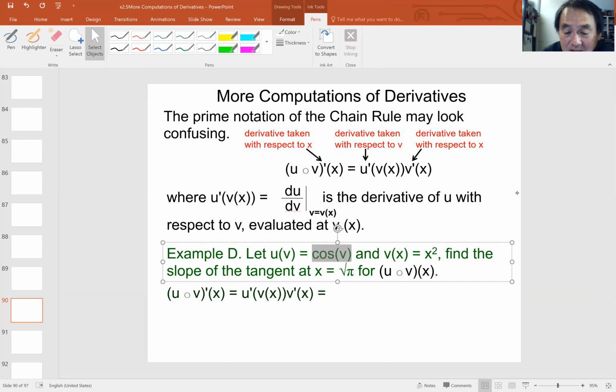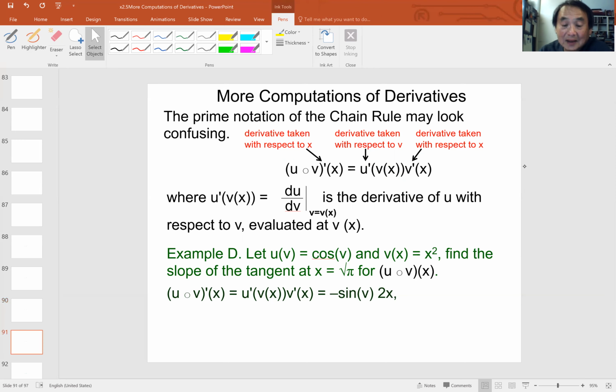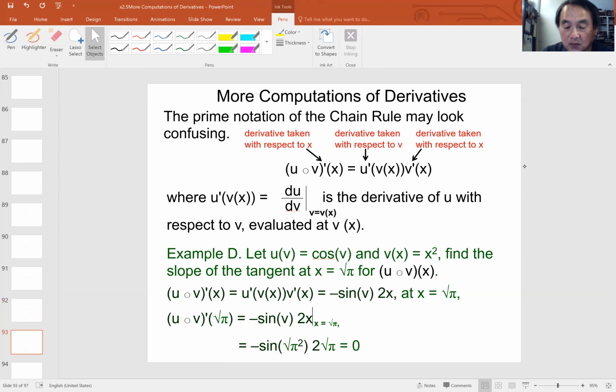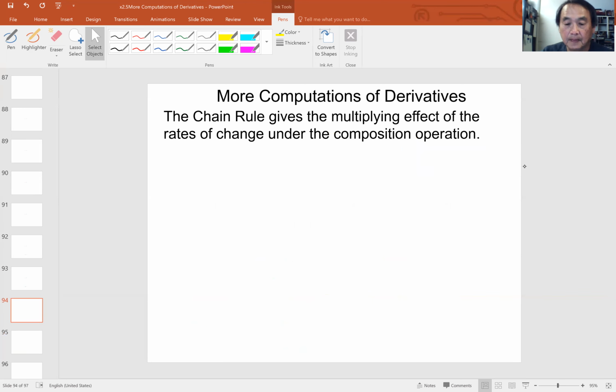The derivative of cosine v is minus sine of v, times 2x, the derivative of x squared. v is x squared, put x squared back. Evaluated at x equal to pi, then we're going to get sine of pi, which is 0. Okay, so this is an exercise; it's worthwhile to go through the symbols and match which pi is which pi for the algebra.